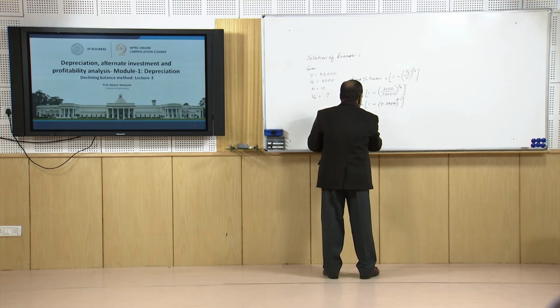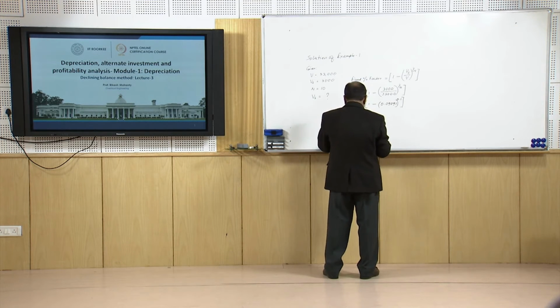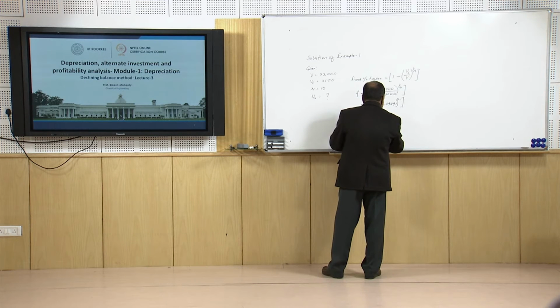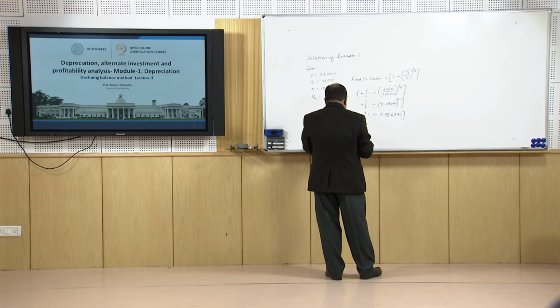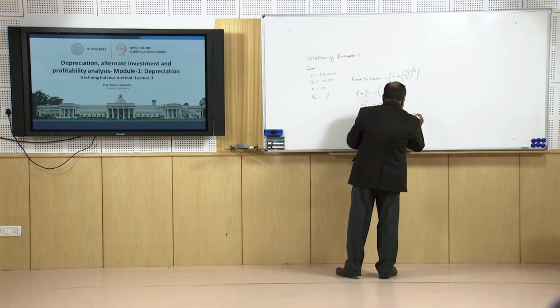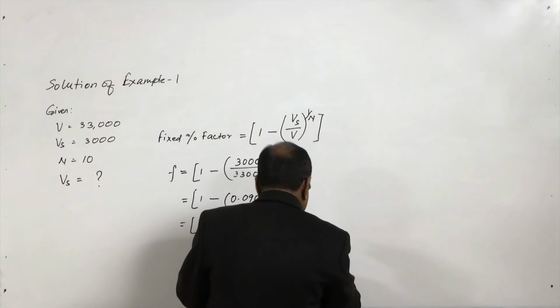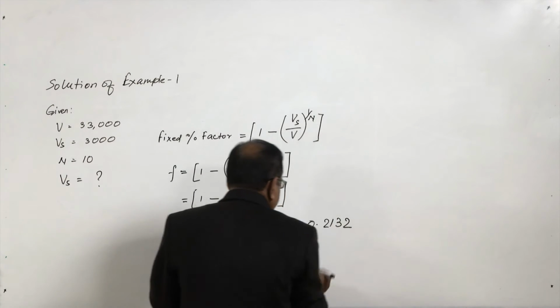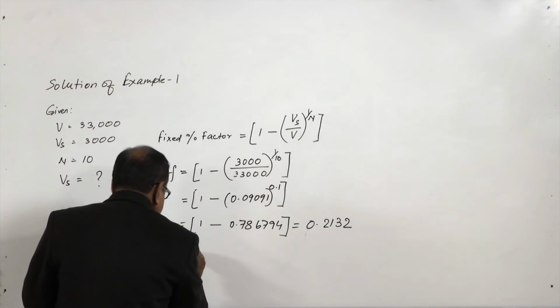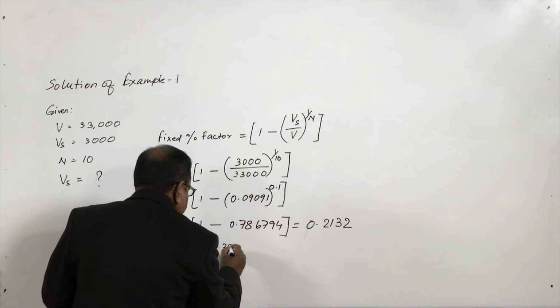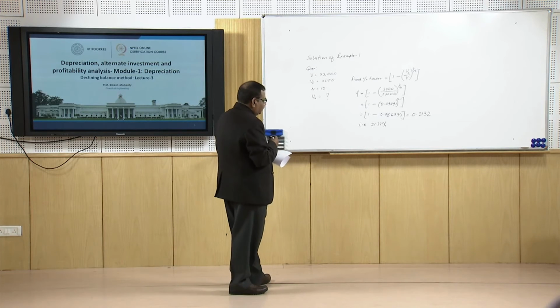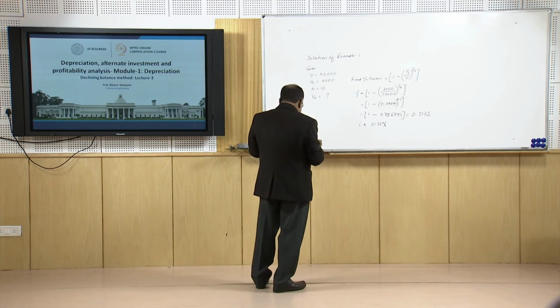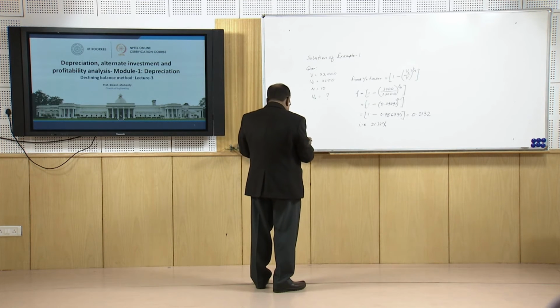This is equal to 1 minus 0.786794, and this is equal to 0.2132, that is 21.32%. Now we have computed the F factor. This comes out to be 0.2132 or 21.32%.